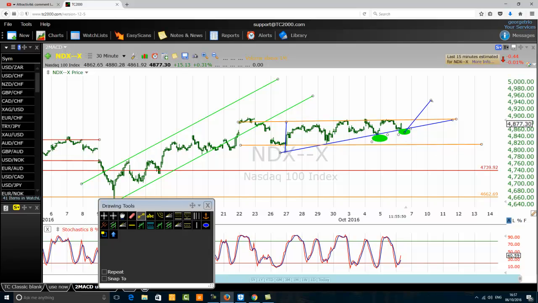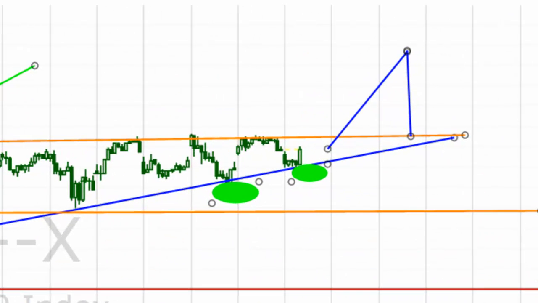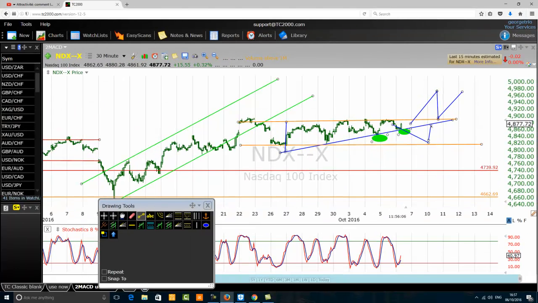It can break above the orange line and then retest it. If you find support, it's good news for bullish traders. On the contrary, because we see a triangle, if it breaks below the triangle and retests the edge of it, and we find resistance, that will be good news for bearish traders.